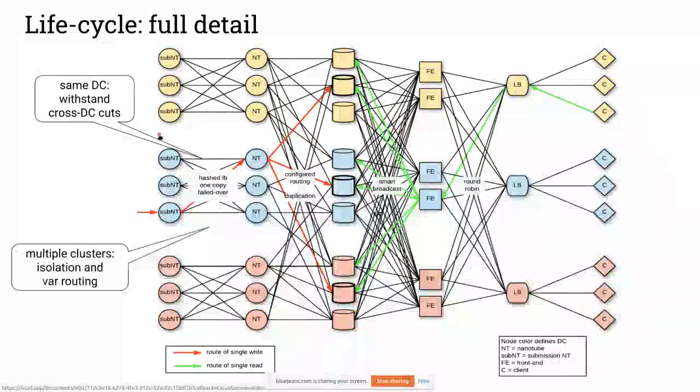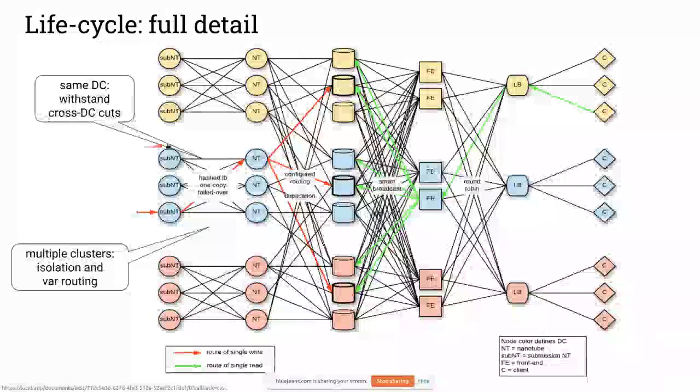So this shows the full life cycle of metrics. In the center, there are stores that keep the data. Then to the left side is the write pipeline that we just discussed in detail. And to the right side is the read pipeline that I will briefly mention.